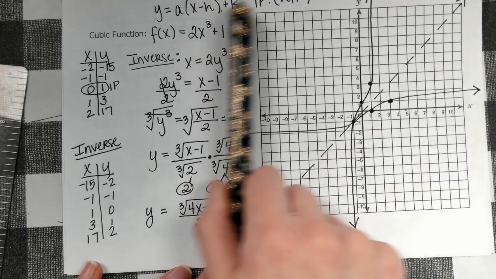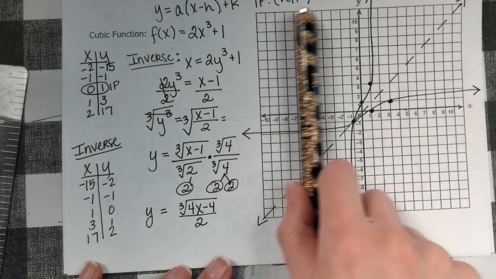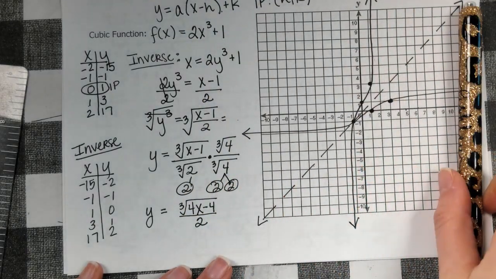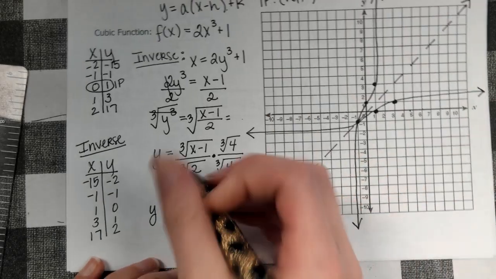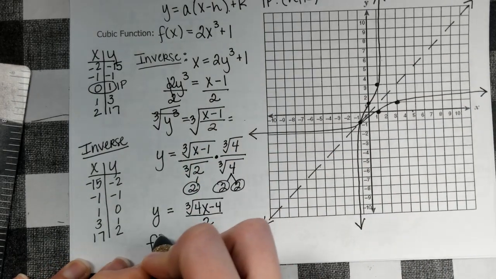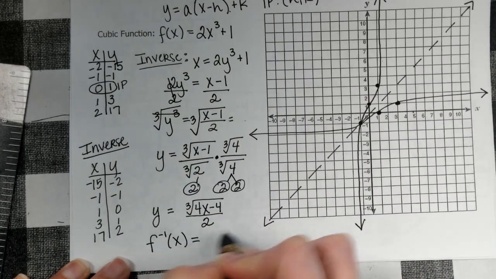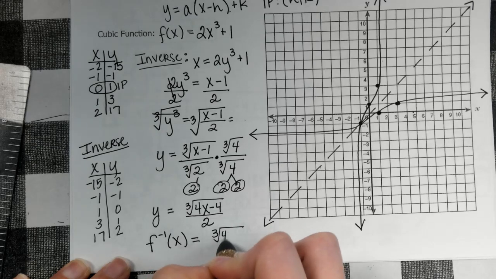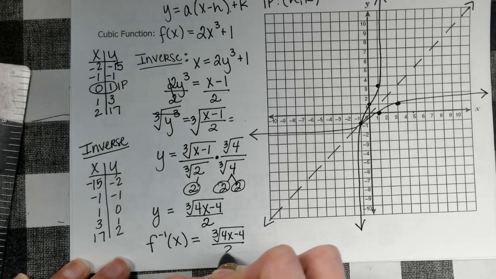When I graph that and I do the vertical line test, is that a function? Yes. So I'm going to write f to the -1 of x equals the cube root of 4x minus 4, divided by 2.